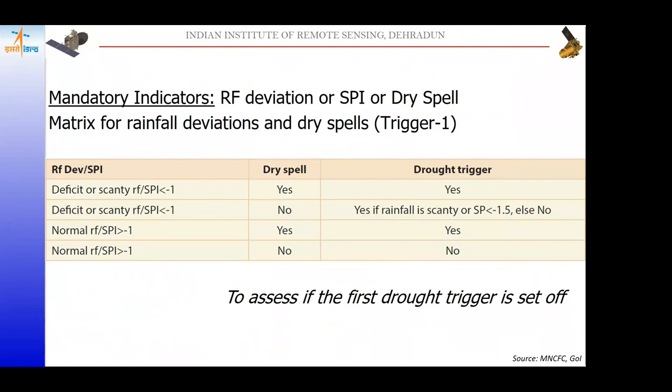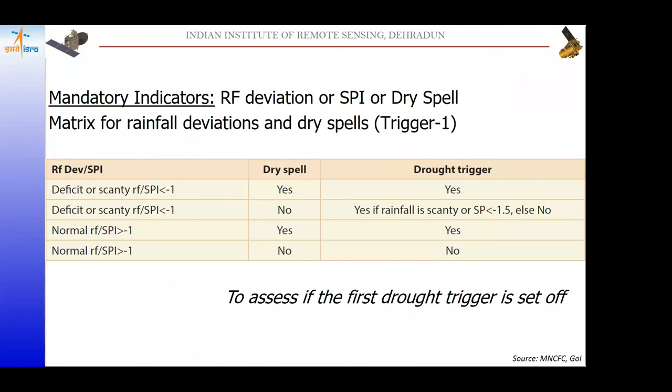what triggers a situation. Like in case of scanty rainfall or deficit situation, where the SPI value is lesser than -1, or with an add-on of the situation of a dry spell, that is a drought trigger set of conditions.